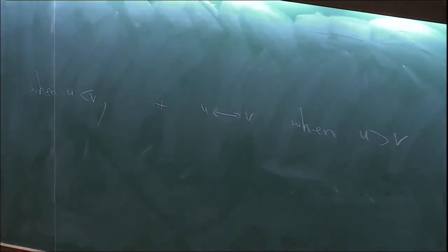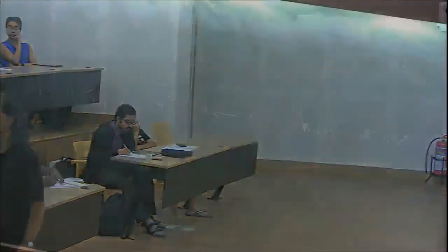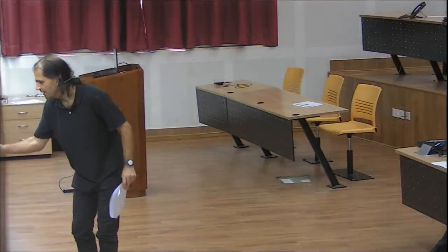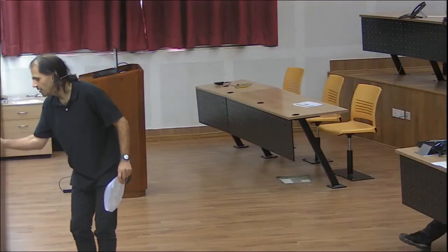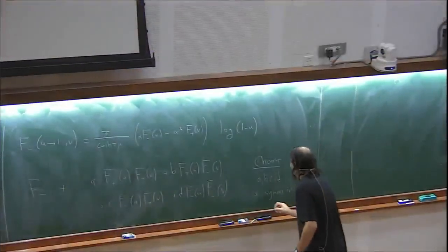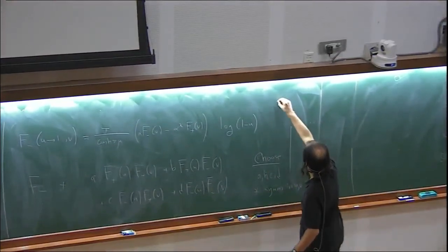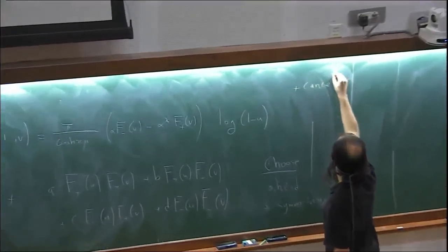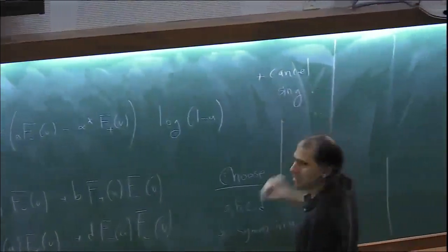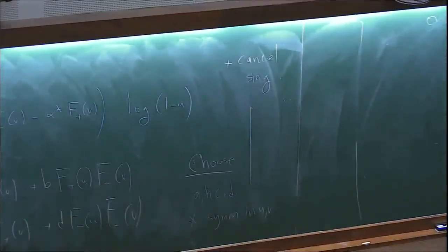Yes? Sorry? No. We have to choose A, B, C, D so that the answer is symmetric in U and V, and you cancel the singularity. Okay? Yes, and you see how it's going to work, right?